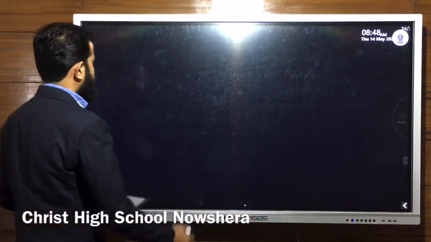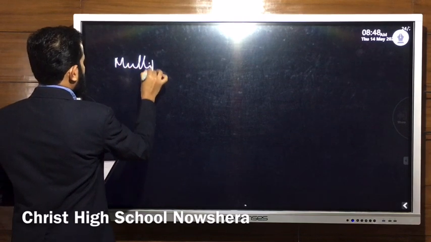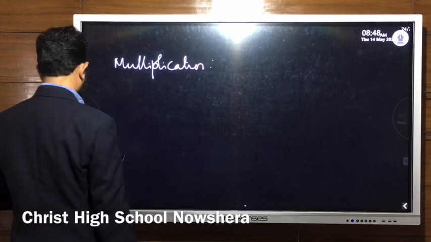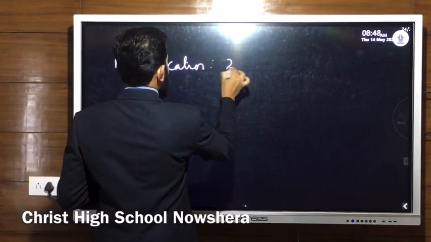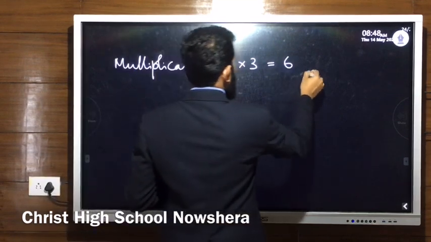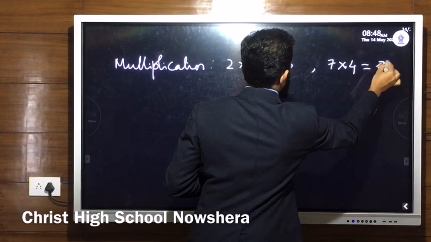Multiplication next. 2 into 3 is equal to 6. 7 into 4 is equal to 28.